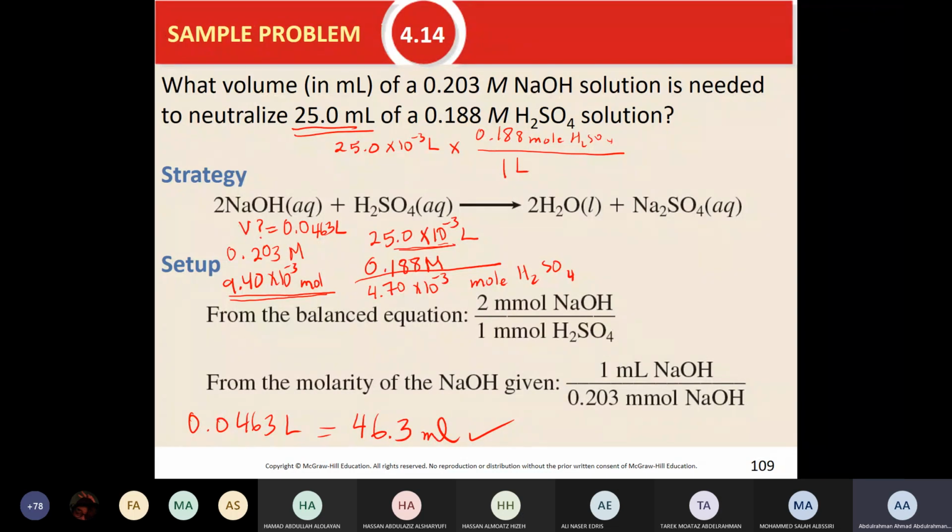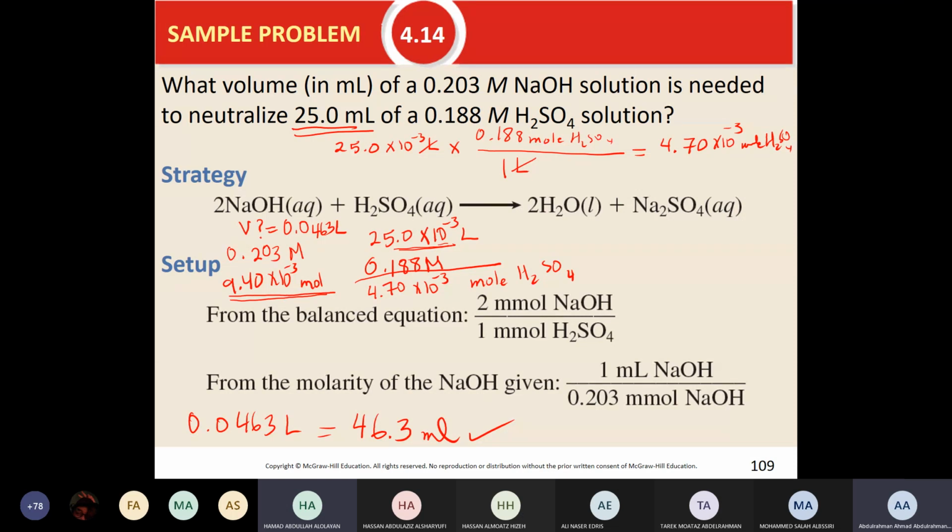That's what molarity is. The liter will go with liter, and you have the answer. It will be 4.70 times 10 to the power minus 3 mole H2SO4. Yeah, it's good, Doctor. I get it now. Thank you.